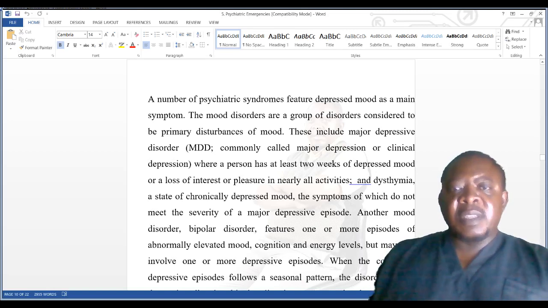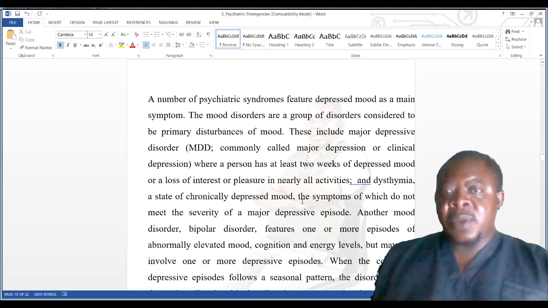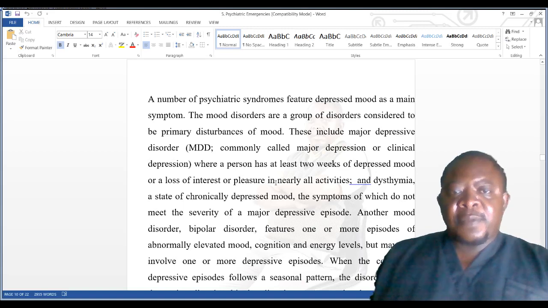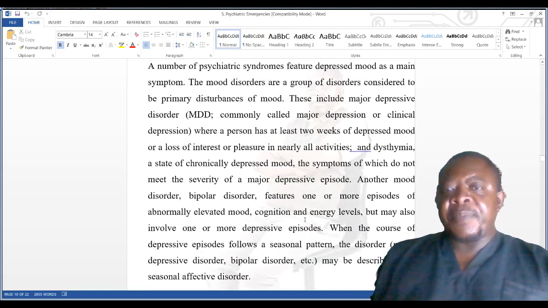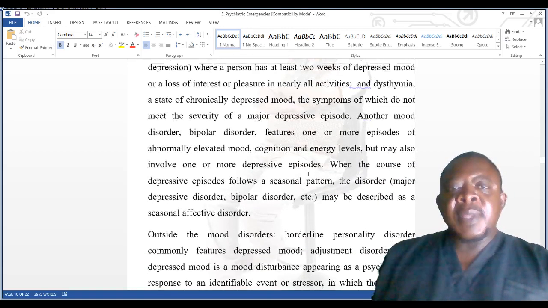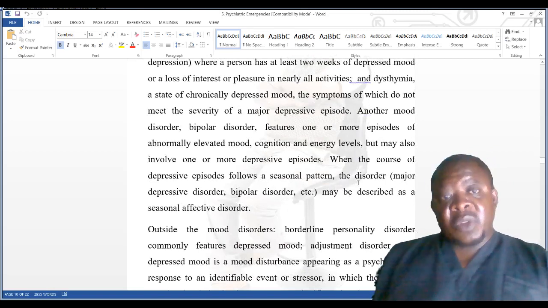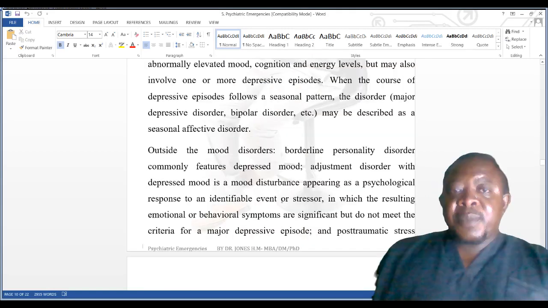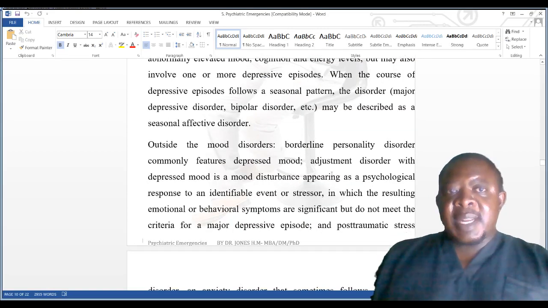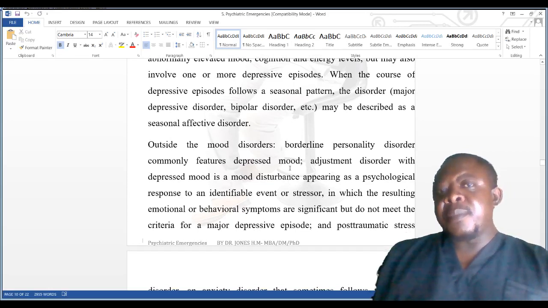When the course of depressive episodes follows a seasonal pattern, the disorder may be described as a seasonal affective disorder. Outside the mood disorders, we can have borderline personality disorder, which commonly features depressed mood.